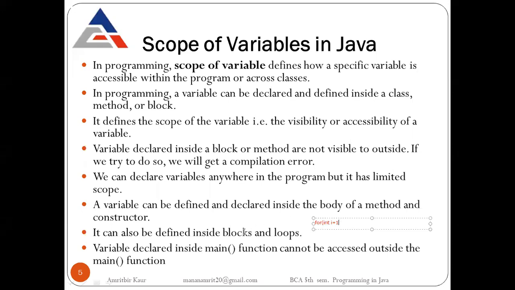Here we are defining and declaring our variable inside the loop. So a variable can be defined and declared anywhere in the program. We can define and declare it in a class, method, loop, or block as per our requirement. A variable declared inside the main function cannot be accessed outside the main function.